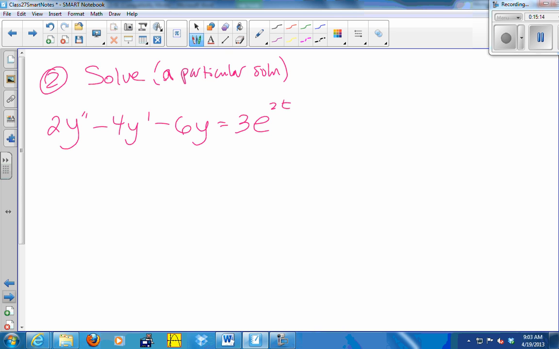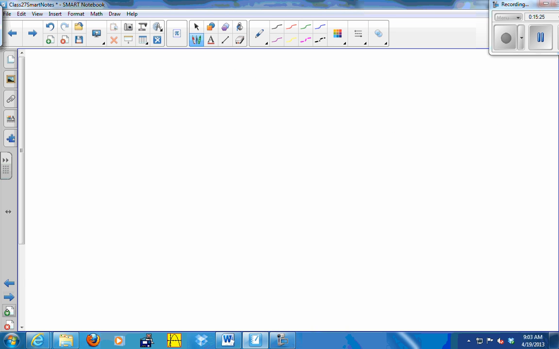We're trying to find a particular solution to this using lucky guess. And then step 3 is add 1 and 2 to get the general solution.